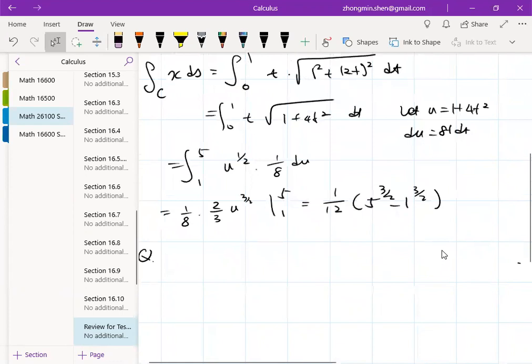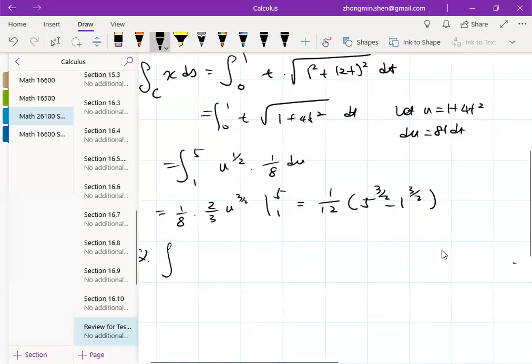So the second problem will be the line integral of y dx plus y squared dy.